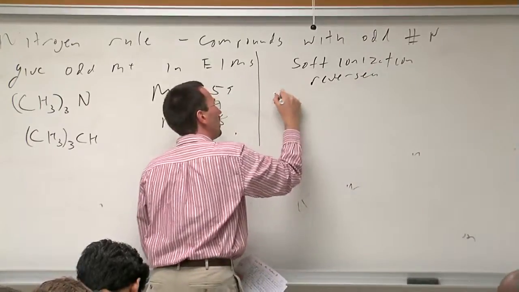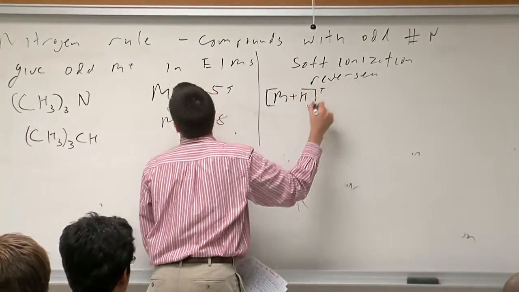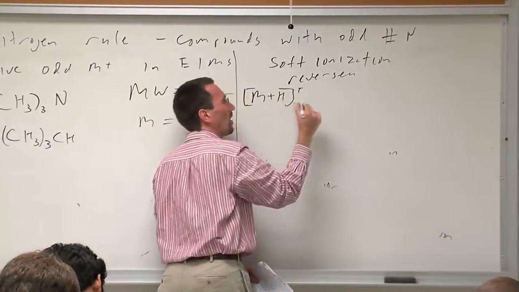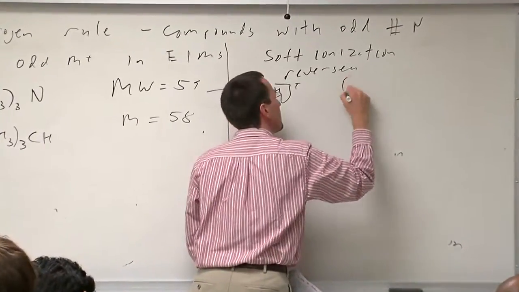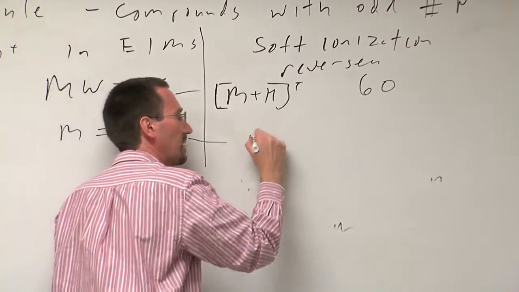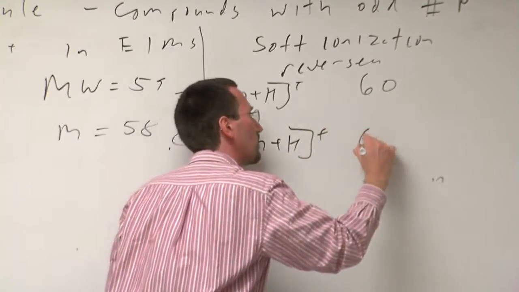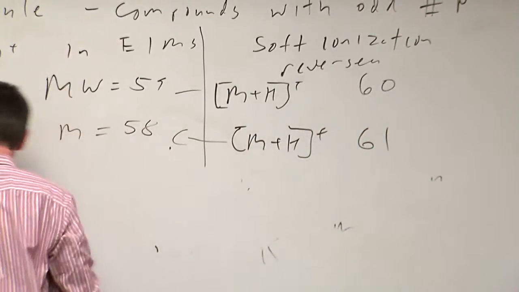So for example, M plus H plus for trimethylamine now would be 60. And if you were somehow protonating this, which you might do in the CI mass spec, it would be 59.